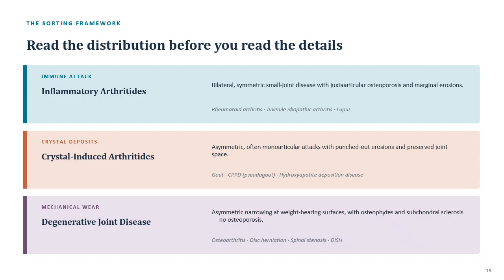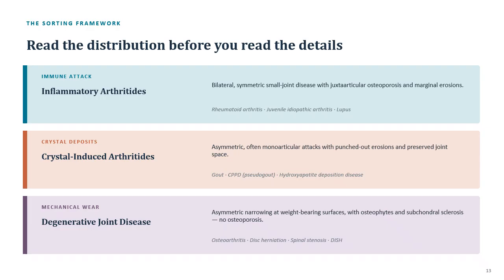With it, the erosions may look punched out, but the joint space itself can remain somewhat preserved until later in that disease process. With this patient, calcification might also be present depending on the type of crystal deposits that have occurred.